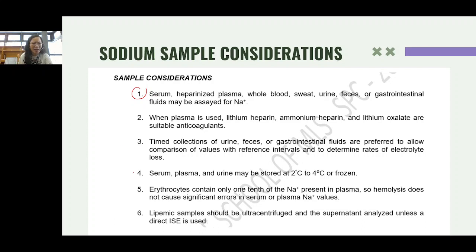So I think this already answers our concern earlier, right? That there is no difference between direct and indirect except when hyperlipidemic or hyperproteinemic. And as stated here, if the sample is lipemic, better use direct. So we have answered our concern earlier.